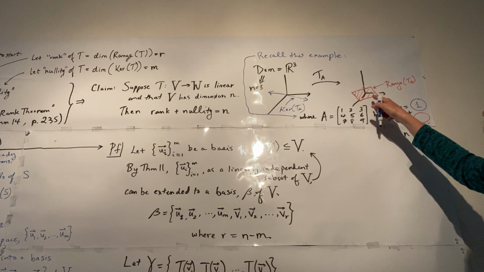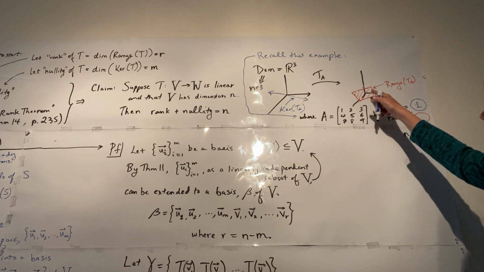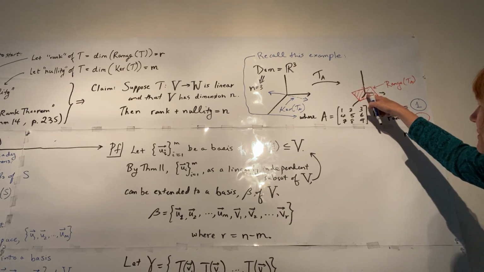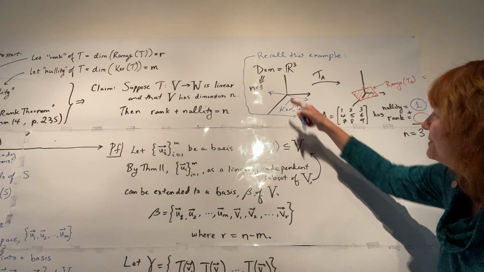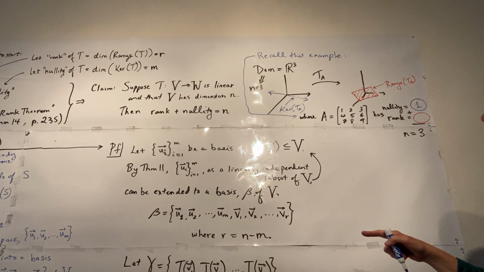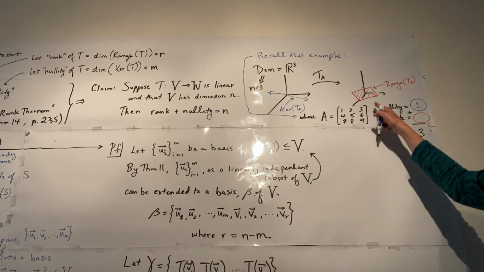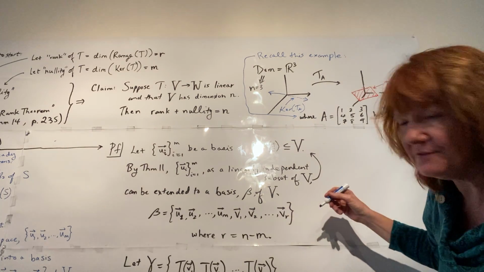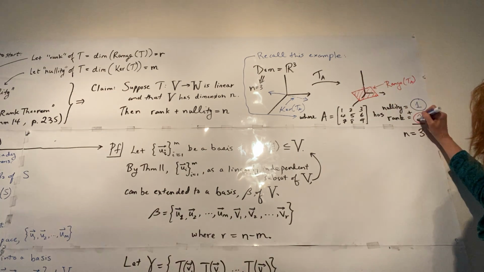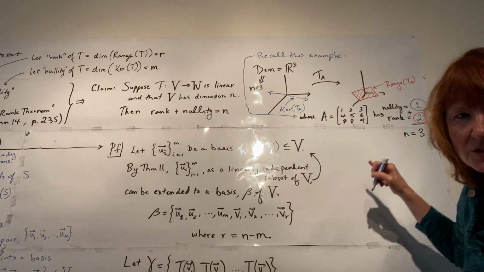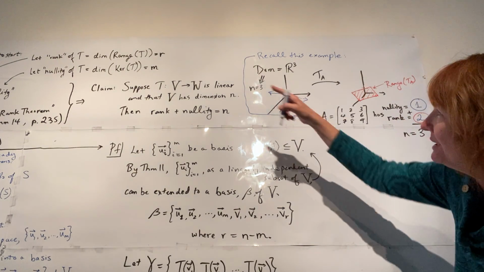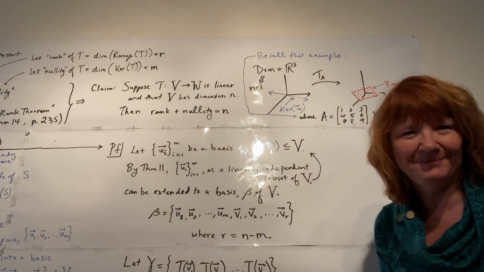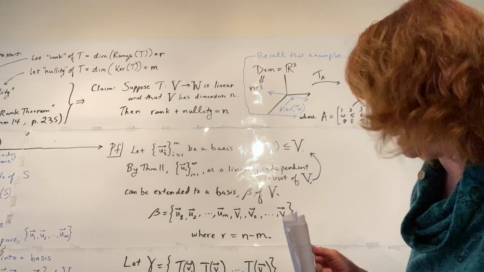We talked about the range of that mapping. We showed it was the plane going through the zero vector that's normal to that vector. And a plane going through the origin is a subspace of dimension 2. So that's what we're calling the rank, the dimension of the range of the transformation, right? Notice that 1 plus 2 is equal to 3. Who said I never got into numbers in this class?